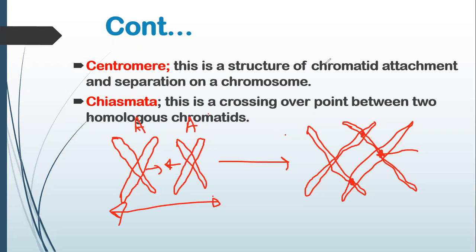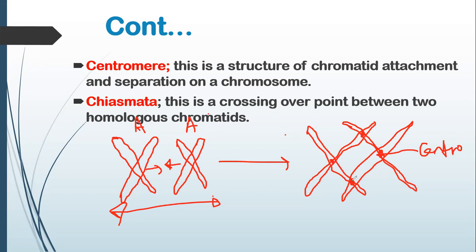Now this point here, where these two chromatids leave around, this is the centromere. And then this one is also another centromere.